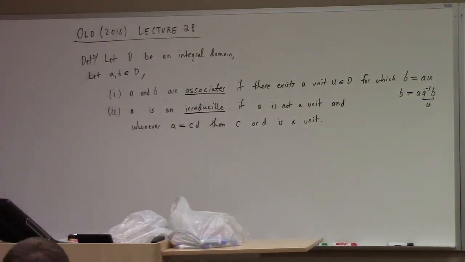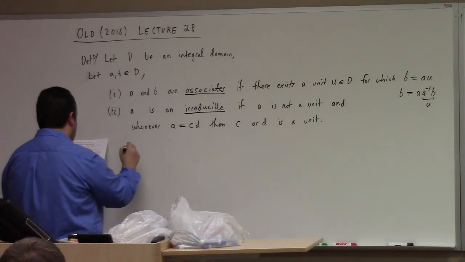Now, if you think about our definition of irreducible for the particular integral domain of polynomials over a field, this is going to be consistent with that usage, right? Because that's pretty much the same as saying a polynomial can be factored into two. What are the units in F[x]? They're just the non-zero elements of the field. So if you think about it, this is consistent with our previous definition in that context.